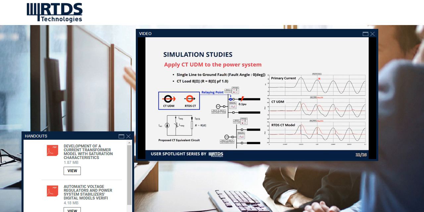From the upper right figure, the primary current and the results of CT-UDM and the RTDS CT model are shown in order. The black line is the burden current, and the red line is the magnetizing inductance branch current. As mentioned earlier, the RTDS CT model is rapidly saturated when saturation begins.